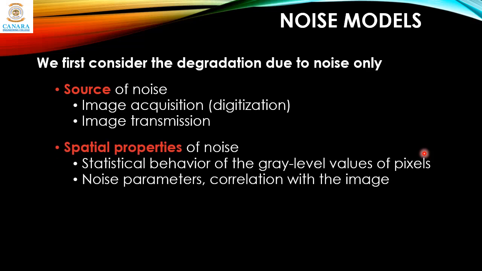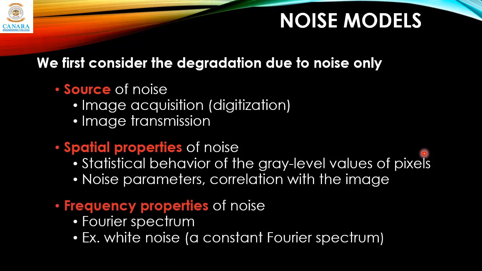We can go for either spatial properties in spatial domain to identify the noise, or we can go for the frequency domain properties of noise. In spatial domain, basically we check for the statistical behavior of the gray level values of pixels, and we take the noise parameters and how they are correlated with the image, and usually the correlation is less, or they are uncorrelated with the image parameters.